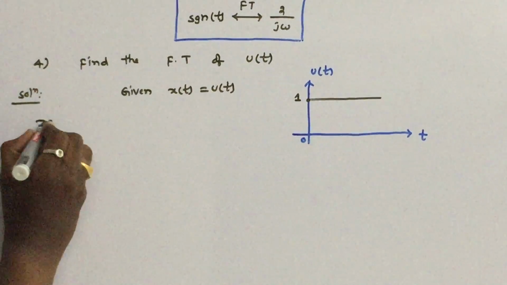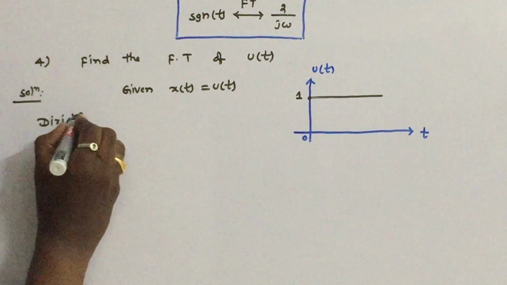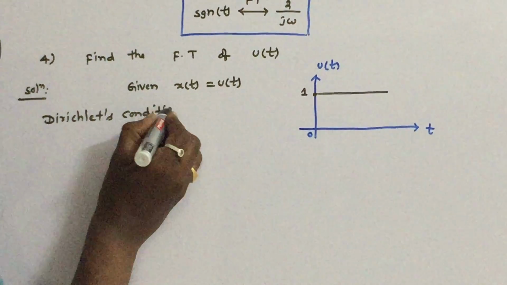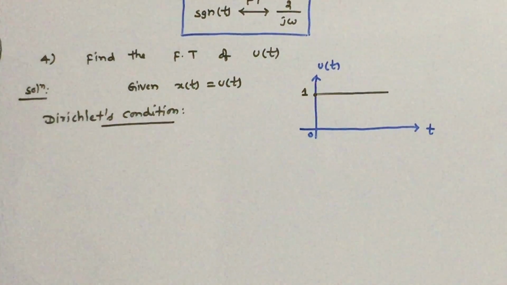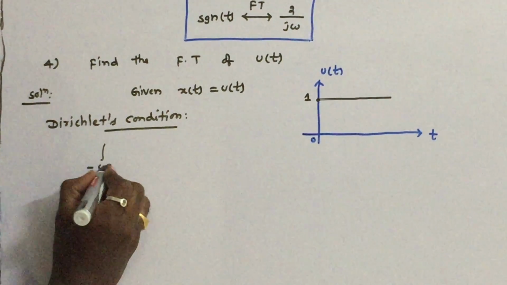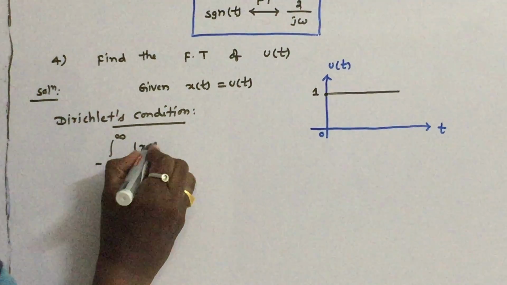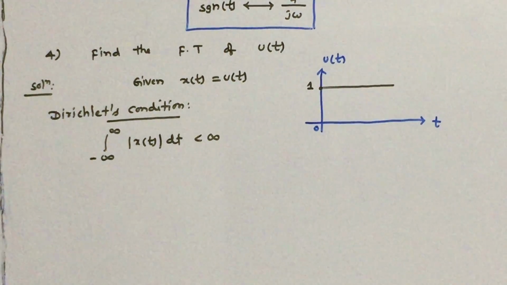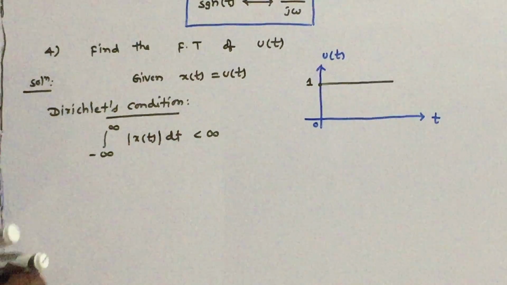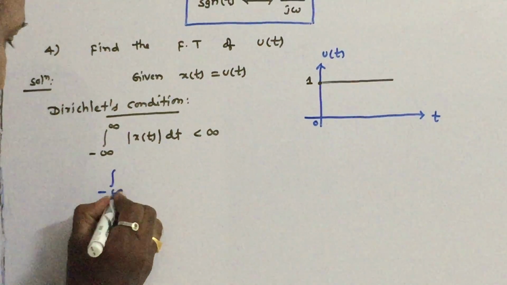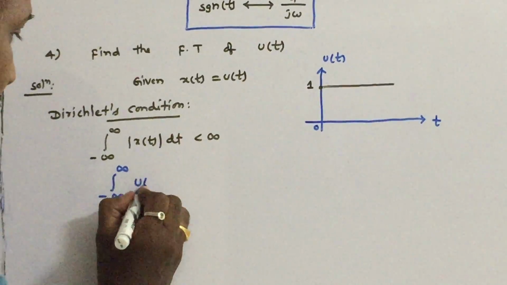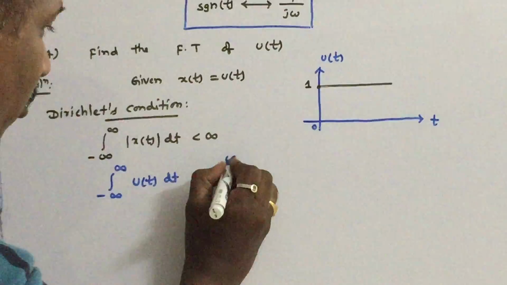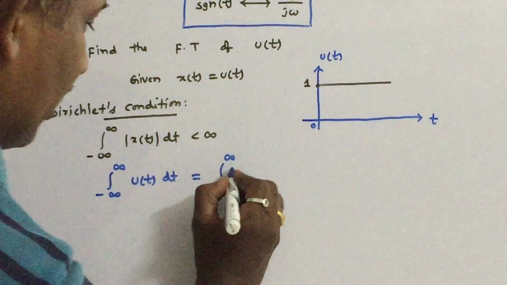First let us check whether it satisfies the Dirichlet conditions or not. The integral from minus infinity to infinity of mod x of t dt must be less than infinity. So x of t should satisfy this condition. Let us check. The integral from minus infinity to infinity of u of t dt, but u of t is available only from 0 to infinity, and in this interval u of t's value is 1.